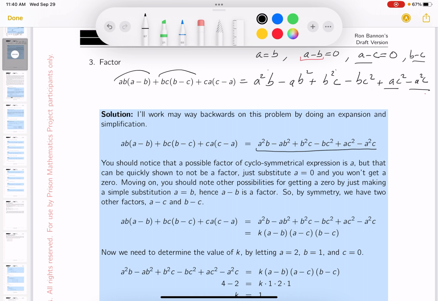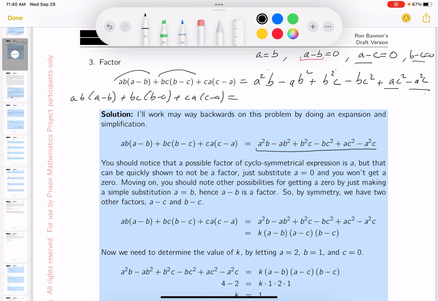Now, certainly you're going to make mistakes. Let's write this down: AB, A minus B, plus BC, B minus C, plus CA, C minus A. Now, we've already shown that A minus B is a factor. I'm looking at the symmetry, and the symmetry is leading me to believe that A minus C would be a factor, and B minus C would be a factor.